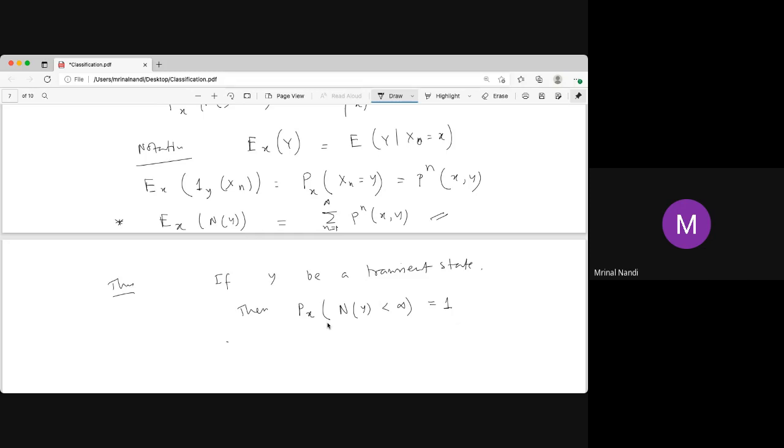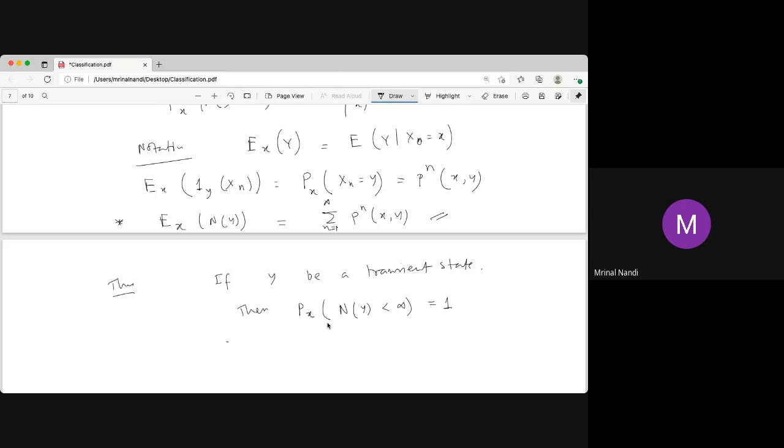It visits 5 times, or 4 times; all these finite numbers of visits at y have total probability 1. That means it can't visit y infinitely many times in a Markov chain if y is transient.